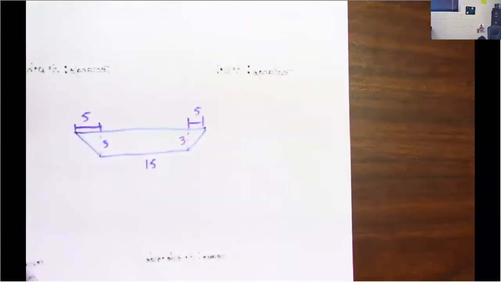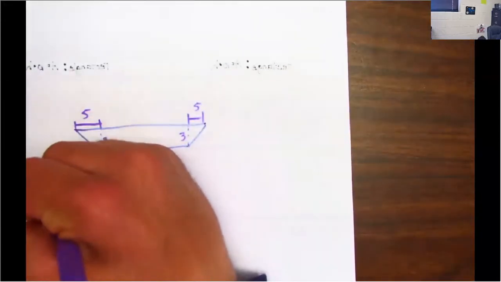I'm going to redraw this one on the back. Now, y'all don't be jealous. I'm an A1 artist. Not really. Okay, so we know that this is 5. This is 3. This is 15. This is 5. And this is 3. All right, we'll do the triangle first.